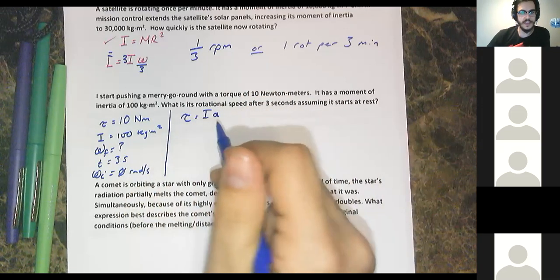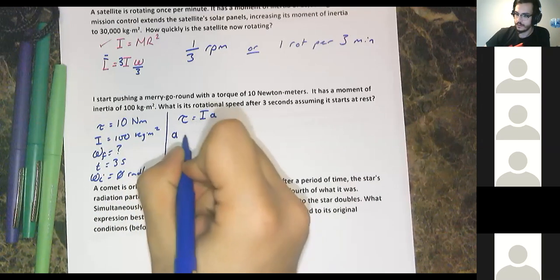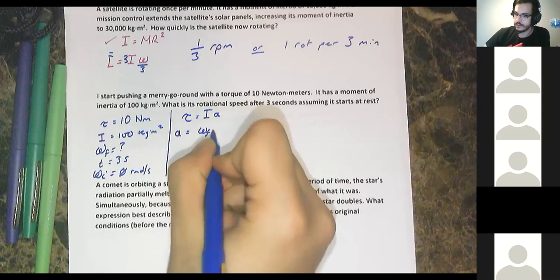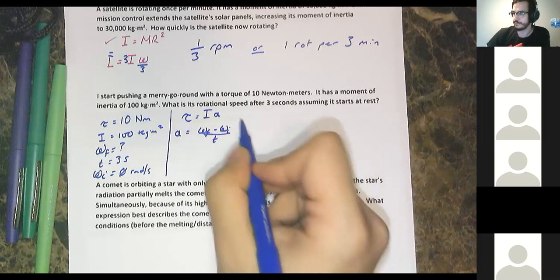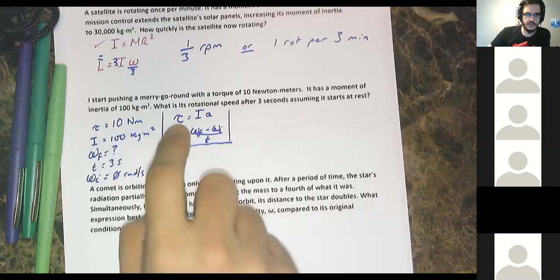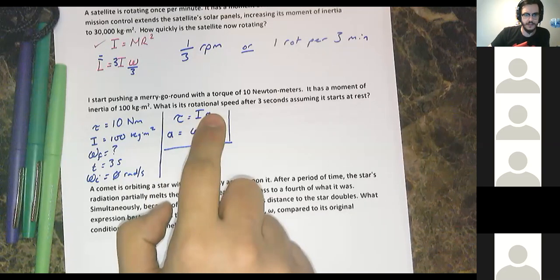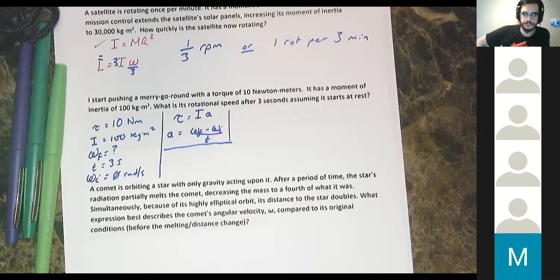And then once we have that, we can use the angular acceleration to find how much our velocity changes. So this is a two-step problem. I suppose you could do it in one step if you substitute tau over I for alpha. You guys want to do that, or you want to do it as two steps? Two steps it is.